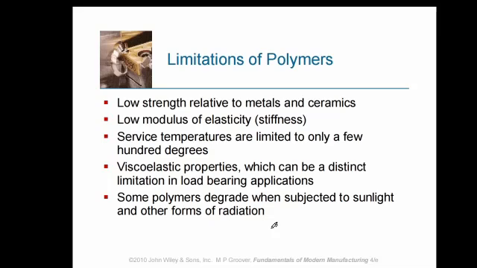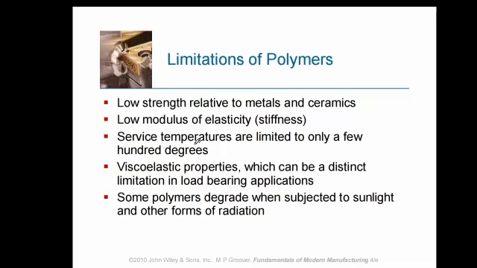And then the polymers also have some disadvantages when compared to metals and ceramics. The first disadvantage or limitation is that they have low strength when compared to metals and ceramics. Then they also have a low modulus of elasticity, and this means stiffness.